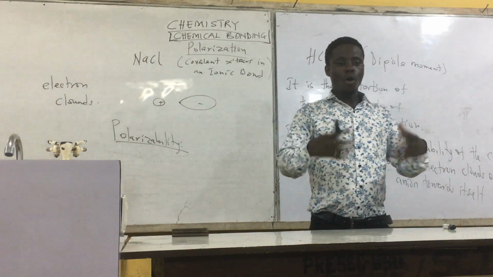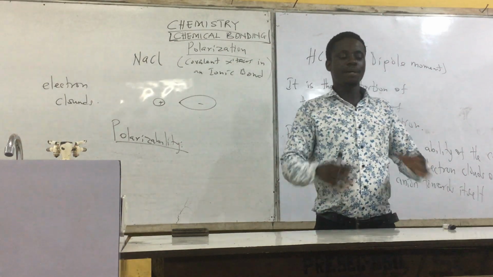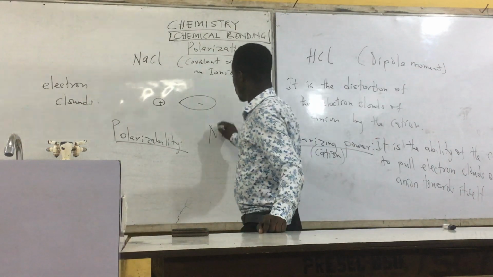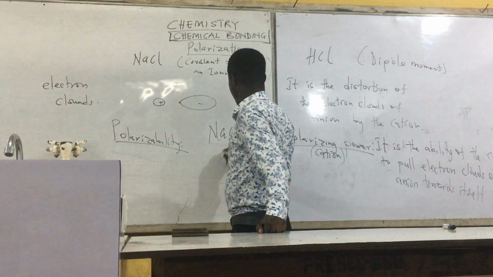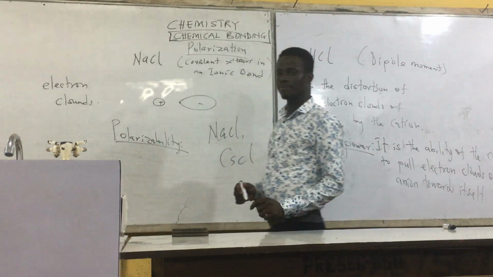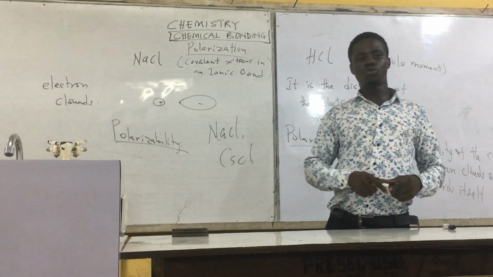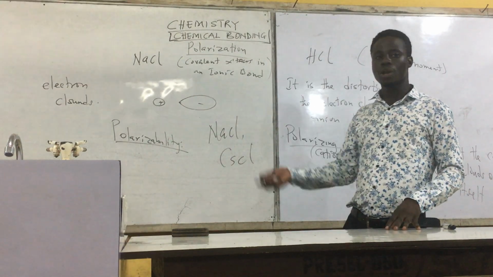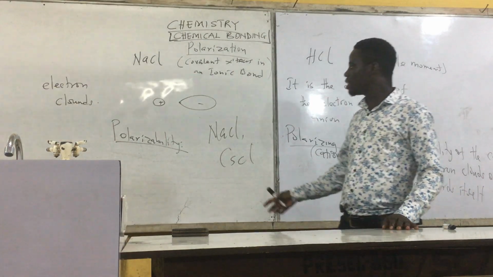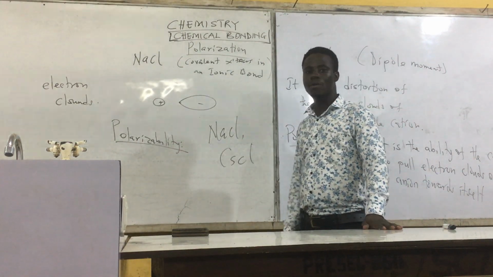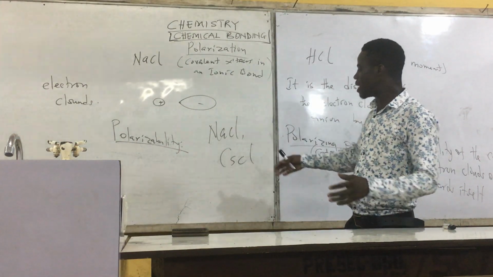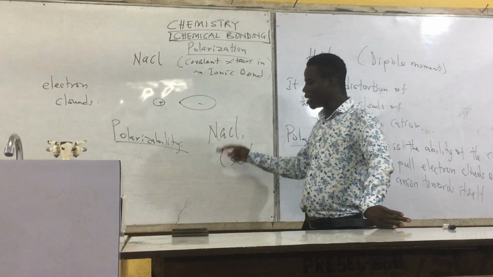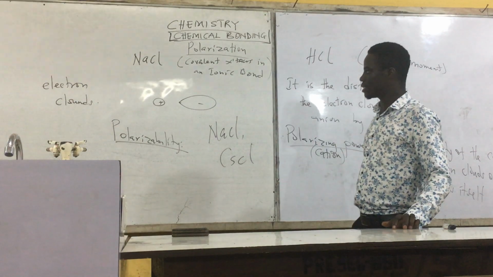So, for instance, if I have sodium chloride and cesium chloride, I can ask you to determine which of these is more polarized, or which will have a higher polarizing power, or a higher polarization.